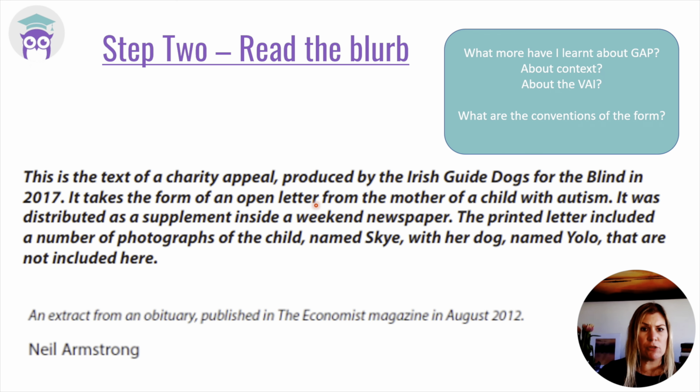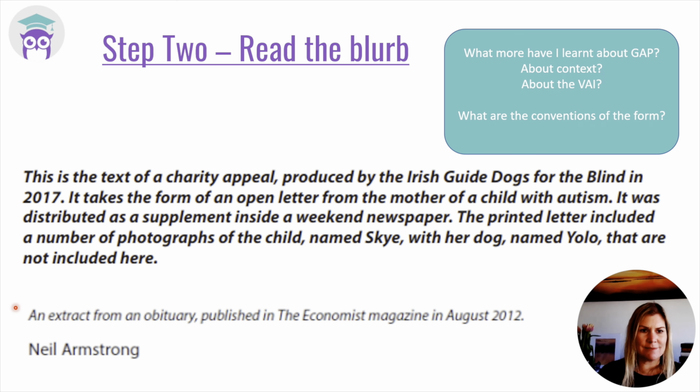When you're thinking about genre, audience and purpose, you might question whether or not this is real, or whether it has been crafted deliberately, or whether it's a little bit of both, particularly because we know it's an open letter and it's part of an appeal. Because it's part of a charity appeal, this is going to be asking people to donate. So you might want to ask yourself the question, is this actually a real text? Is Karen and her child real? Either way, you can make a judgment, you can posit that and perhaps even put it in the introduction and then go from there.